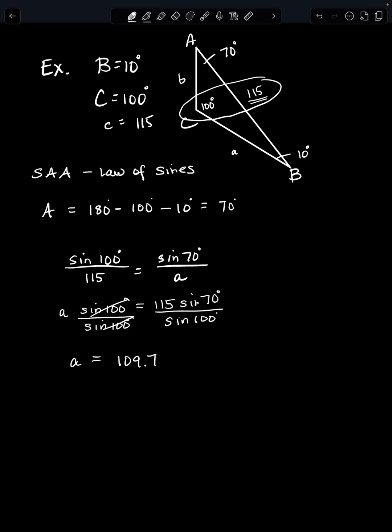All right, we're going to do the same thing to get B. I'm going to use what I was given. I was given that the sine of C, which is 100 over 115, has to equal the sine of B, which is 10, over side B. So I set up my proportion, do the same thing. Cross multiply.